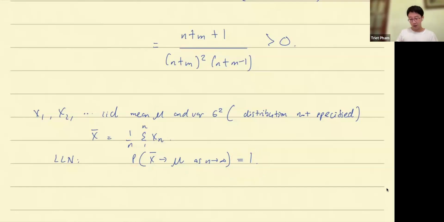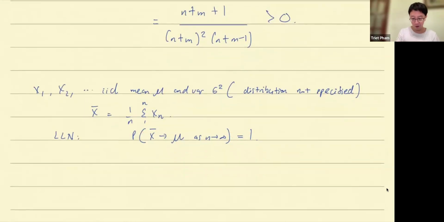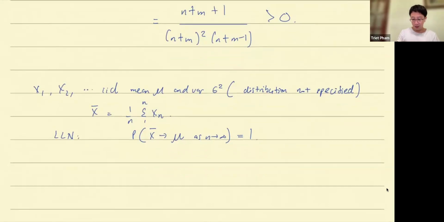But that still doesn't mean you can just neglect the probability. If you find that a little bit too technical, this would at least fly in a not super rigorous environment. Basically it says that the sample average is very close to the population mean as n goes to infinity, as the sample size gets large.